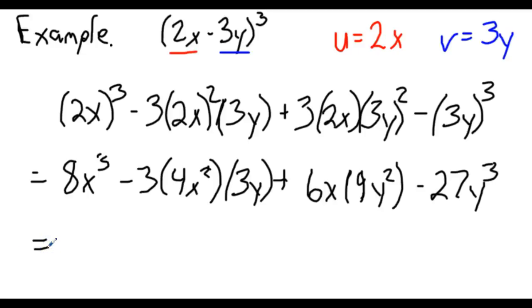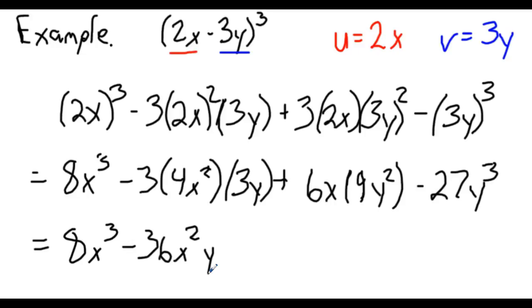So, last step is to simplify. 8x cubed. We have 3 times 4, which is 12. 12 times 3, which is 36. So we have minus 36x squared y. Then we also have a 6x times 9.